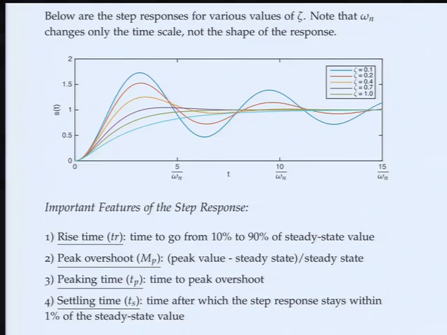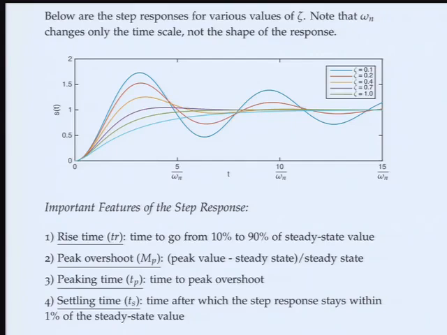So what we are going to do in the next couple of pages is relate these properties, the rise time, the overshoot, peaking time, settling time, etc., to zeta and omega n. That way, if you have requirements for your design that say, I want a rise time of 1 second, and I don't want to overshoot more than 5%, those can be translated to the coefficients zeta and omega n. So that's the goal of this.